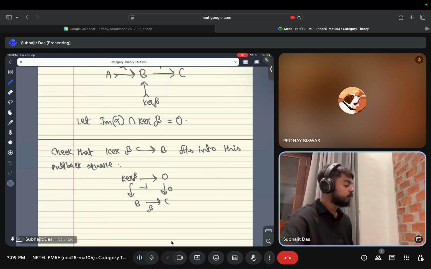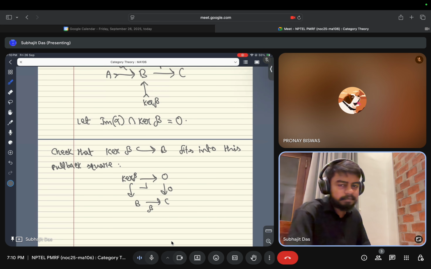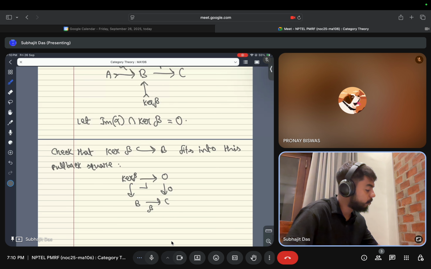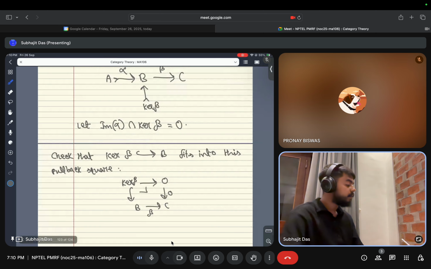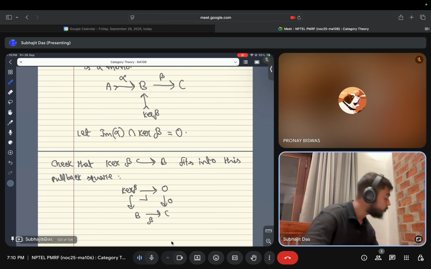That is what we want. That would finally conclude that beta is a mono. Right. And again, showing something is 0 is easier than showing that something is non-zero. It's the same thing, but just working with the contrapositive would probably be better. So we check that this fits into this pullback square. Now let's see an amazing thing about pullback squares.